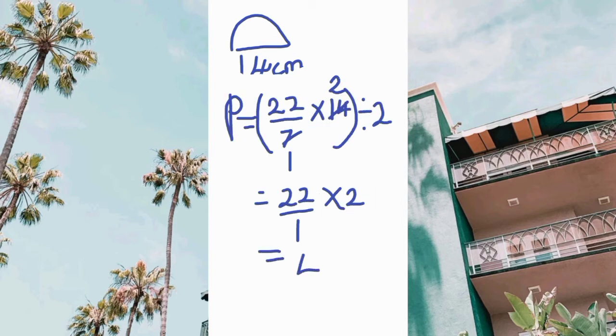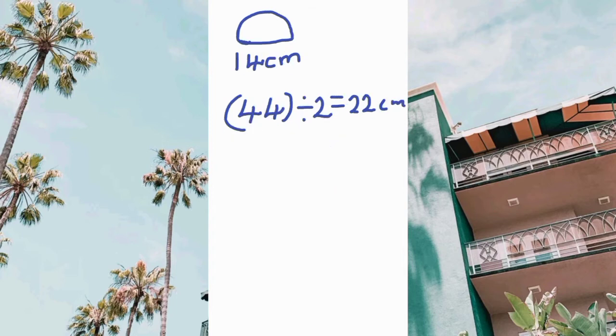which gives us 44 centimeters. Remember, we have a division sign and 2 outside. So 44 divided by 2 gives us 22 centimeters. So remember that diameter was supposed to add at the end.